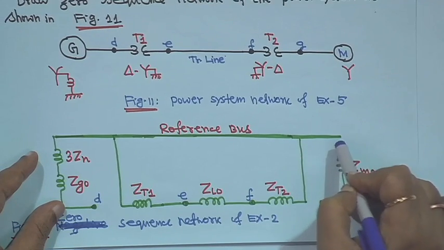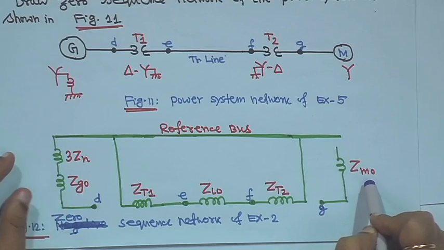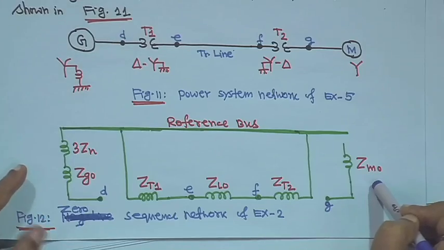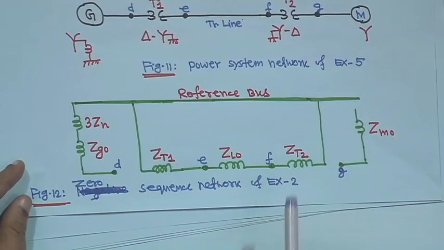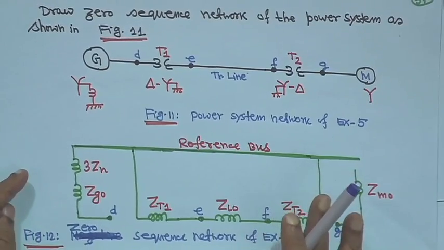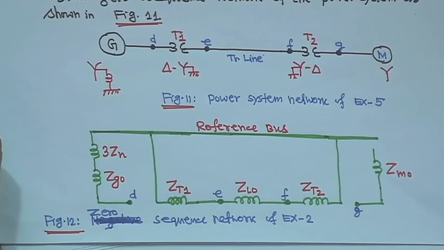So, it is open, it cannot be connected to the reference bus, and this is Zm0, that is the motor's zero sequence reactance. So, this is the zero sequence diagram for this power system network. Hope you have understood this; try to understand only the zero sequence, positive and negative are simple.